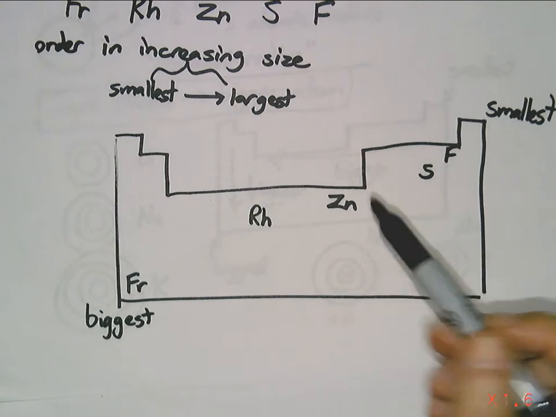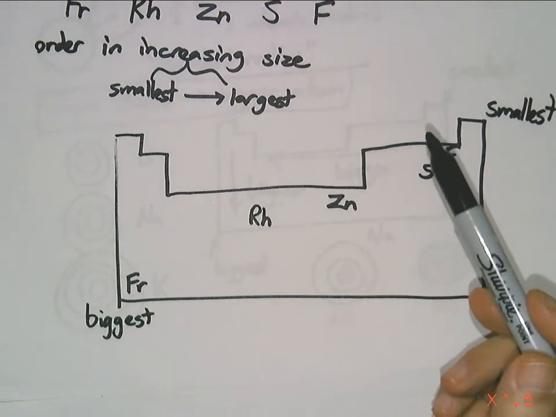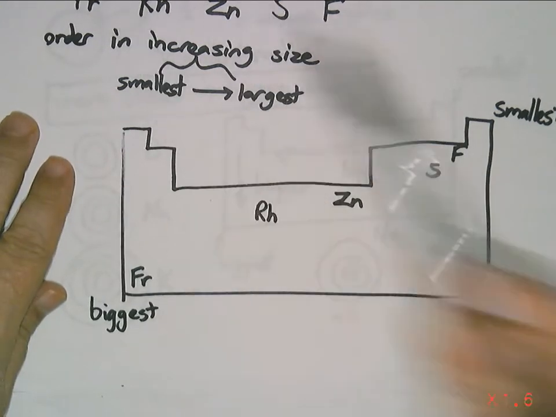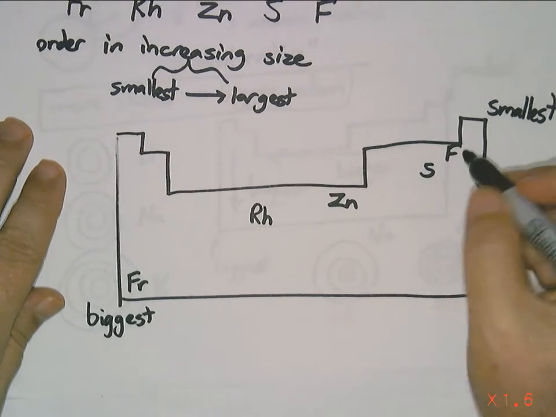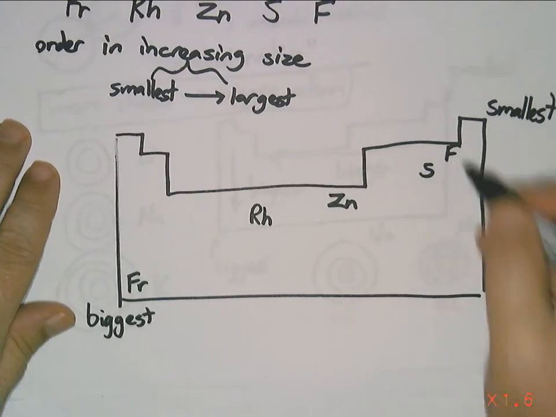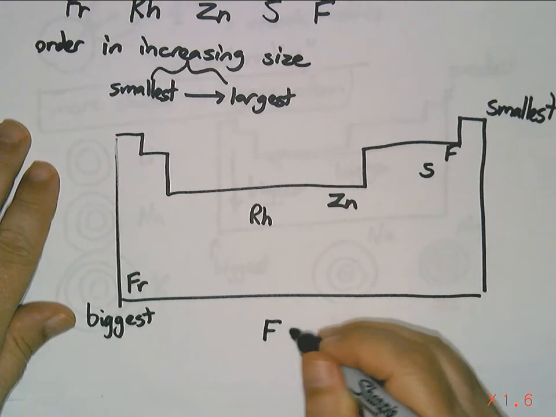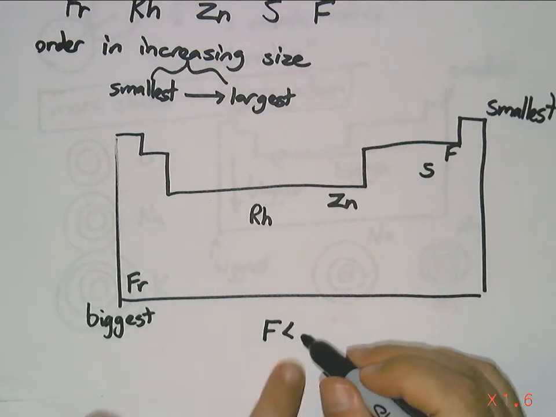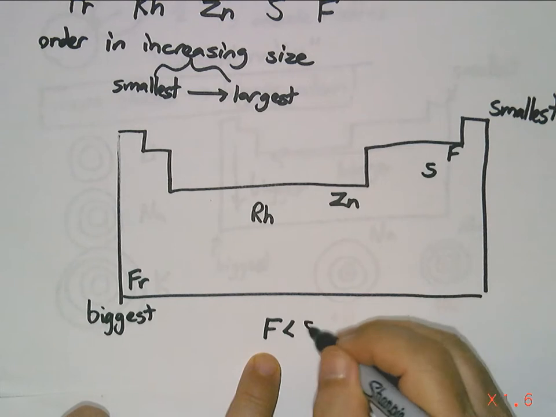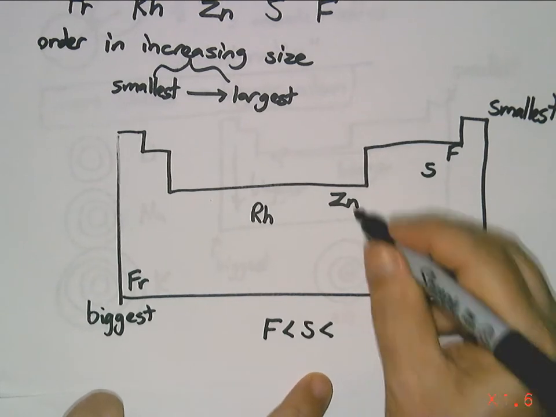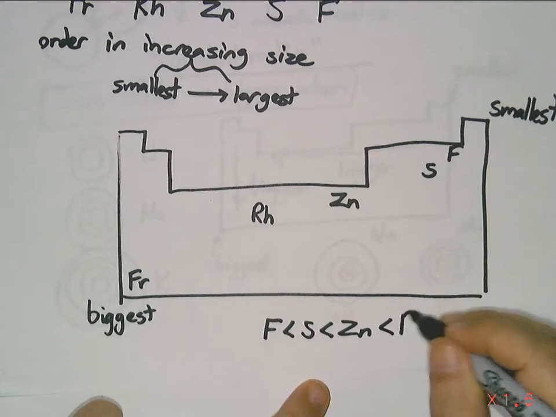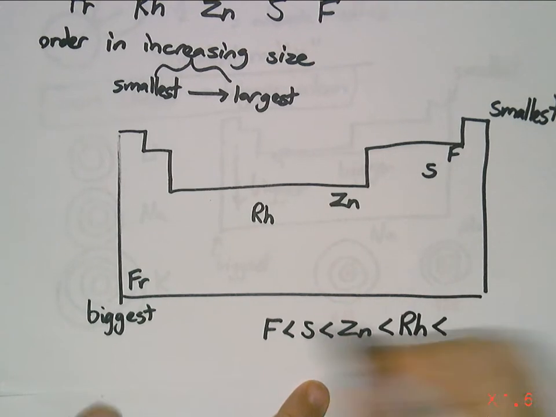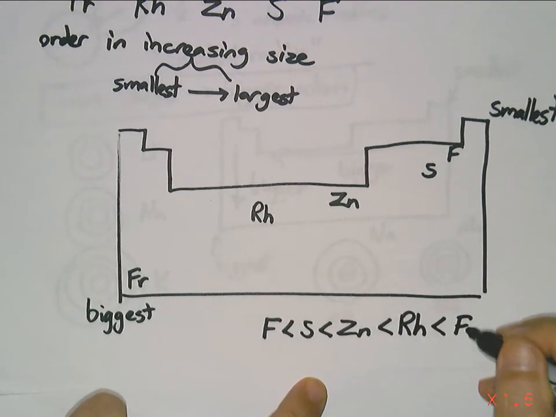So I'd say in order of increasing size, it's kind of the opposite of what I wrote here. It would be fluorine first, and they'll say it's less than the size of sulfur, which is less than the size of zinc, which is less than the size of rhodium, which is less than the size of francium.